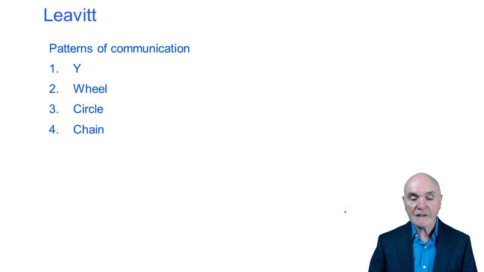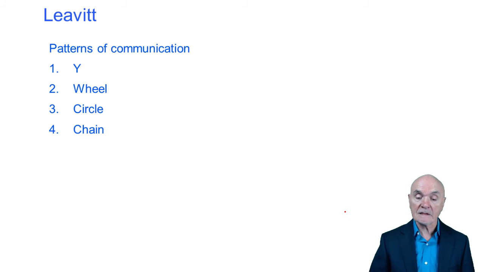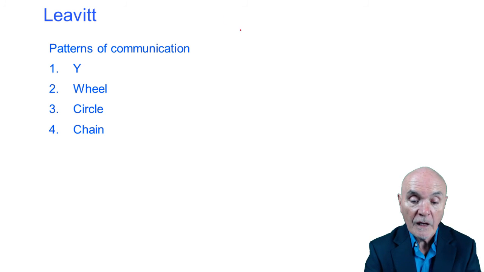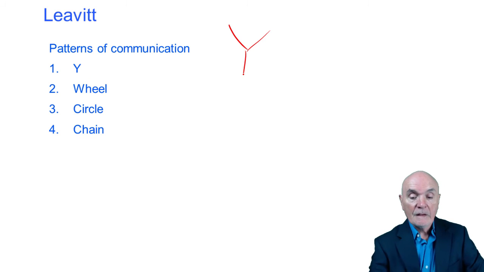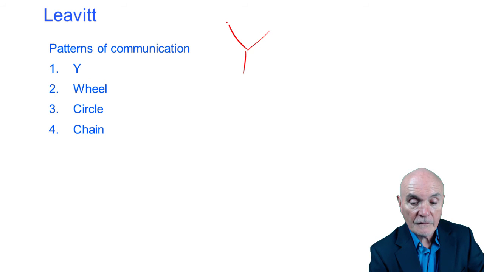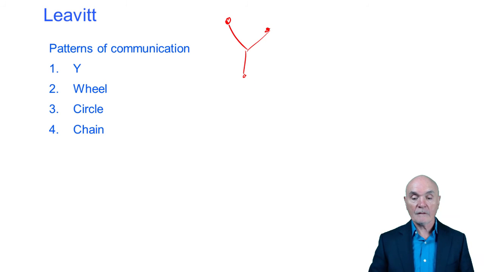Finally, Leavitt looked at various patterns of communication that can be set up. You can have a Y shape, which is broadly like that. So we have got two people here communicating with one person down there, and so on.